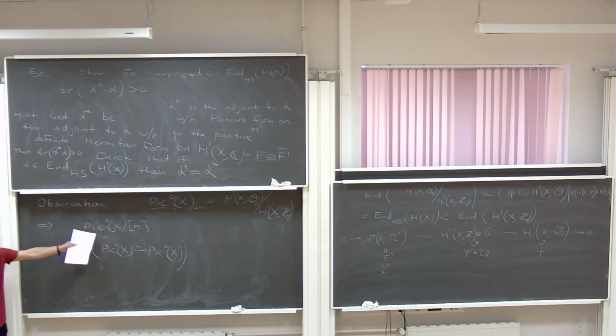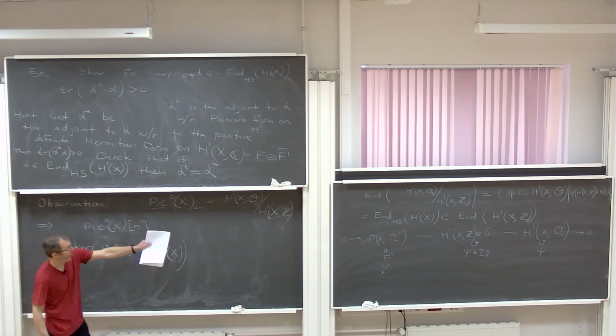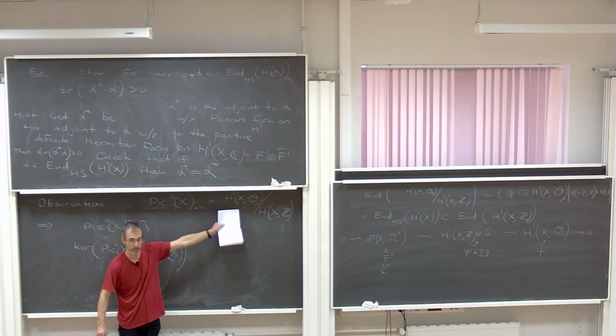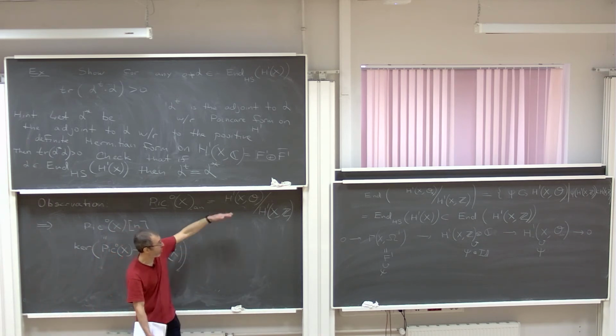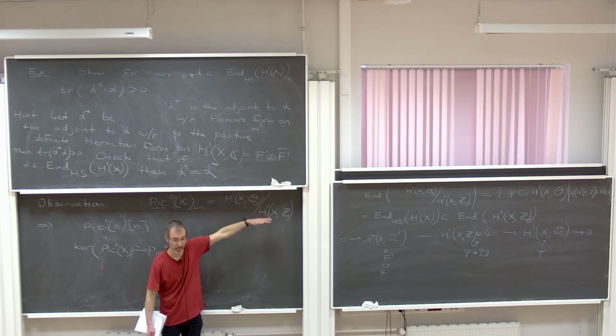So we have a very explicit description of this group. It's just this. So we have a complex vector space, we have a lattice. We want to compute torsion points in the quotient. What are the torsion points in the quotient?